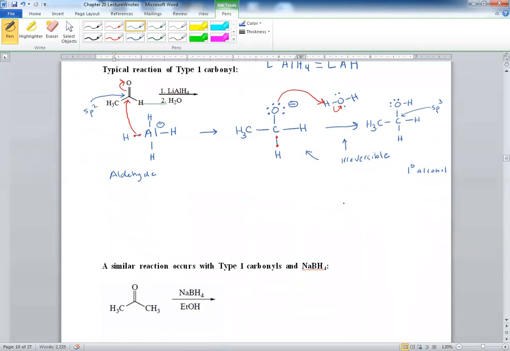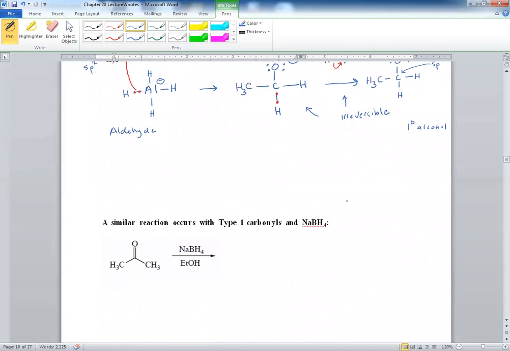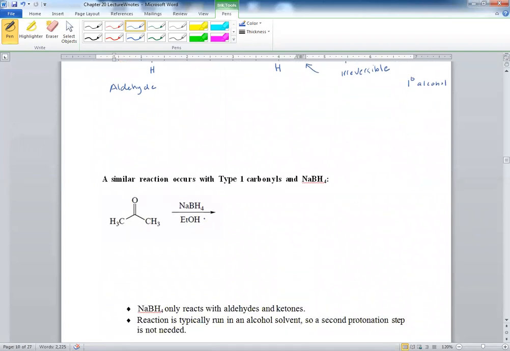So that's the mechanism. So let's look at now another mechanism where we use sodium borohydride. There's no difference in the mechanism except now you're replacing the aluminum hydride with the sodium borohydride. So the movement of the arrows is the same, but we have a ketone now instead of an aldehyde. But again, it's not going to change the mechanism.